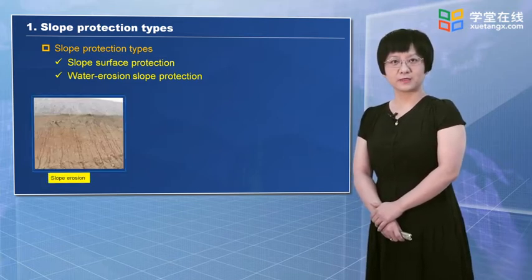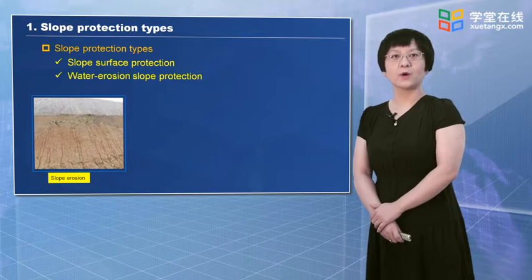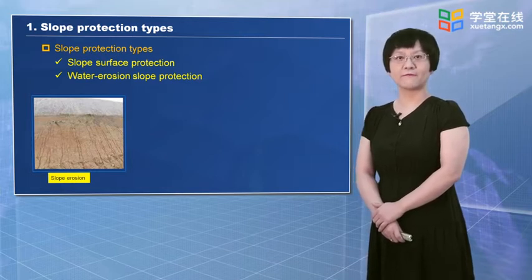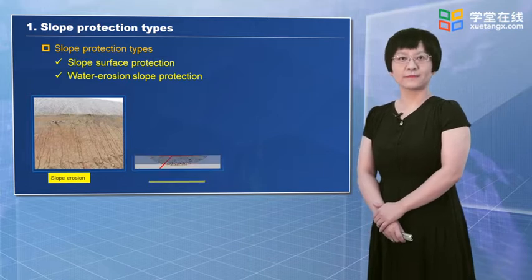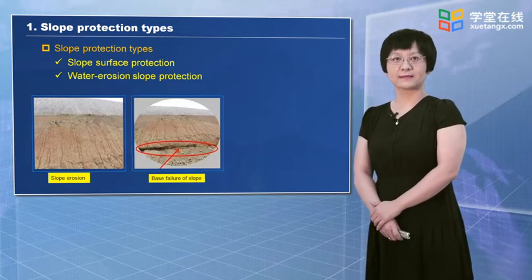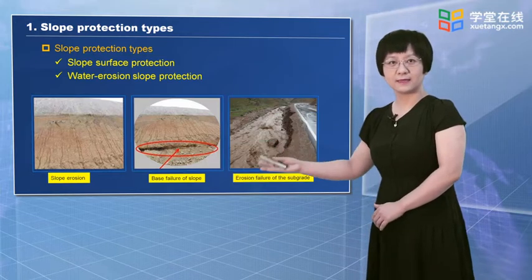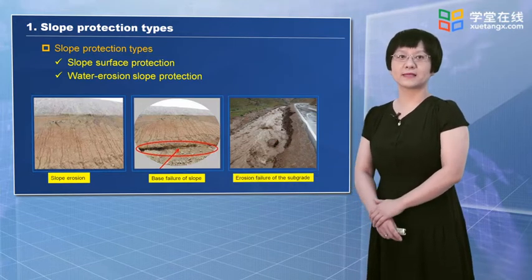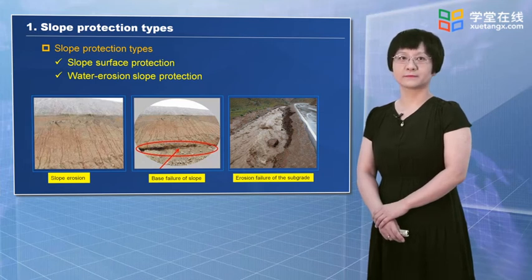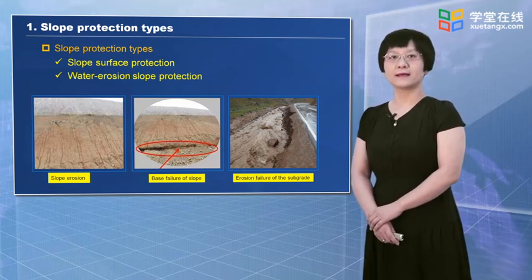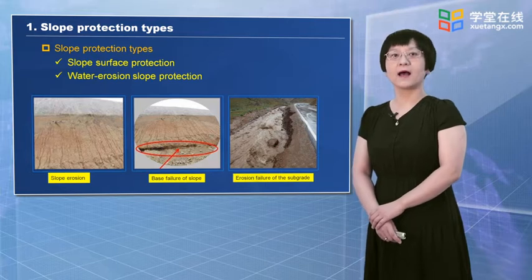Slope erosion is shown in the picture, which is induced by the effects of rain and temperature. In this one, the damage at the bottom of the slope may lead to slope instability. And in this one, the subgrade is destroyed by water. There are two slope protection types, namely the slope surface protection and the water erosion slope protection.